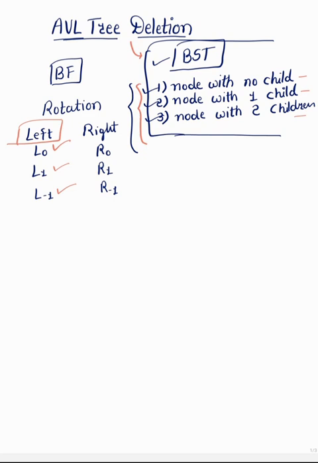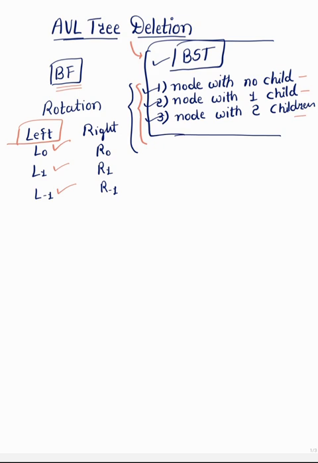Along with that, as an addition, you need to check the balance factor, because the deletion might cause an imbalance in your AVL tree. While checking the balance factor, if a node is imbalanced, that means you need to balance it.